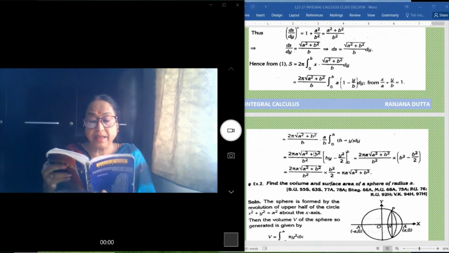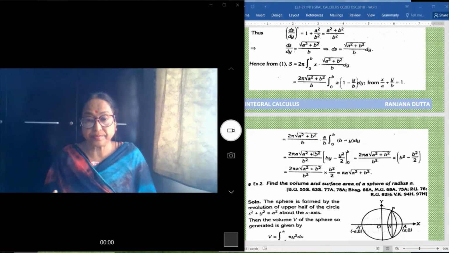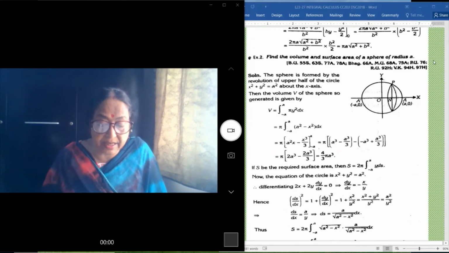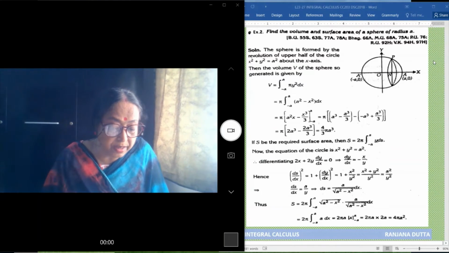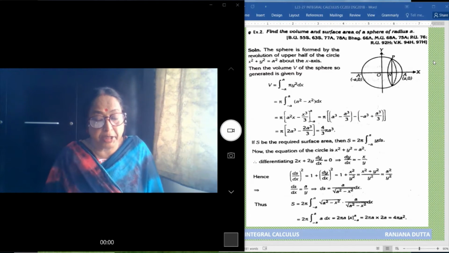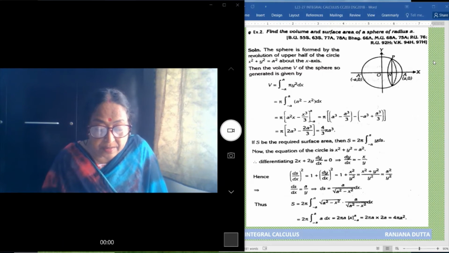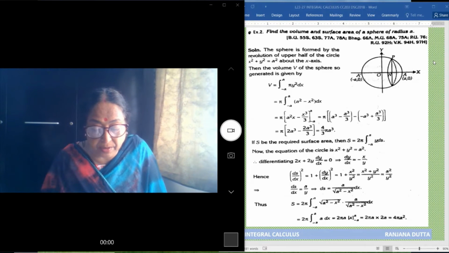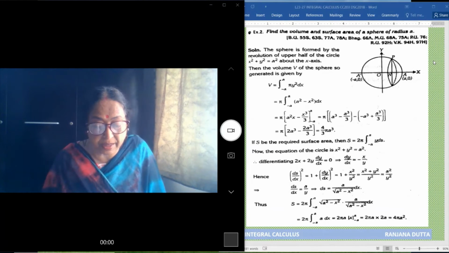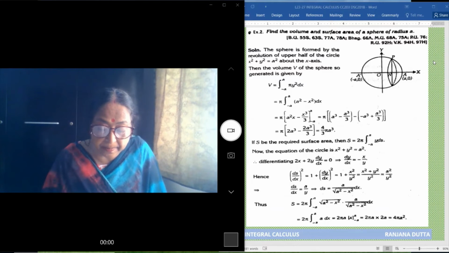Now example 2: find the volume and surface area of a solid sphere of radius a. You can see the picture as given. The sphere is formed by the revolution of the upper half of the circle x square plus y square equal to a square about the x-axis.